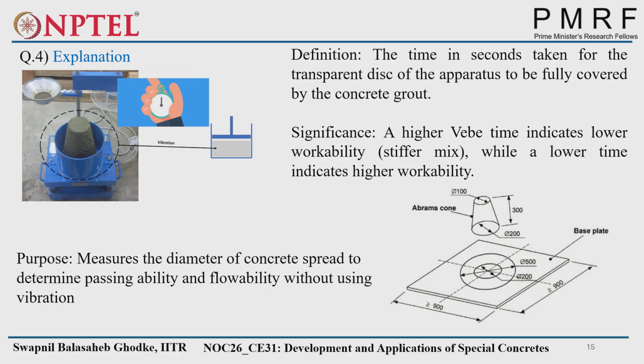For self-compacting concrete, slump flow is one of the major tests we use. Another is the V-funnel or L-box test, and the J-ring test also. So three to four types of tests are used for self-compacting concrete to measure flowability. They are not only measures of flowability or workability. Workability considers flowability and passing ability. So why do we require passing ability in the case of self-compacting concrete?